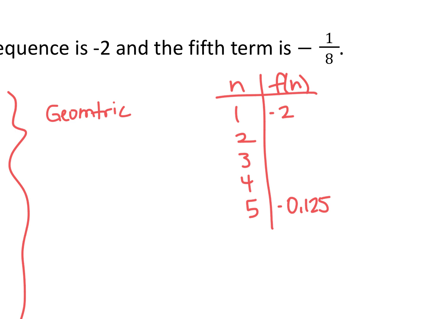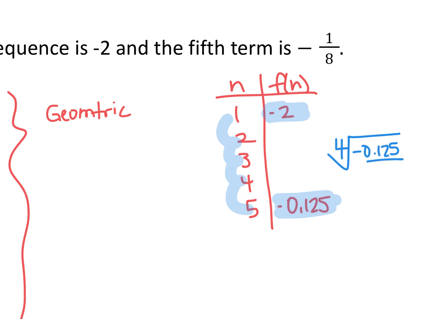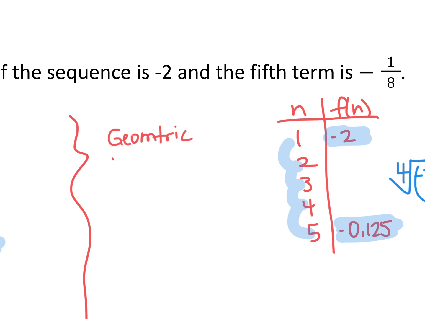So if you treat it geometrically, you divide the last by the first, and then you take the fourth root, right? 1, 2, 3, 4. You're going to do the fourth root of -0.125 divided by -2. When you do that, you get a pattern of 1/2. So R could be 1/2 or 0.5.